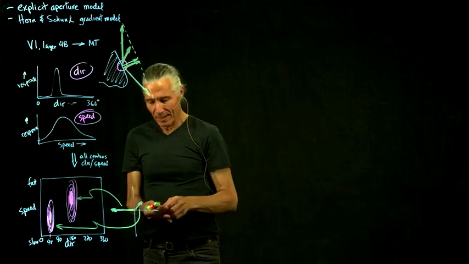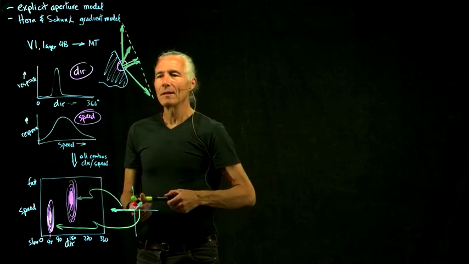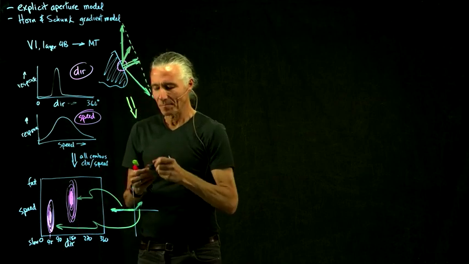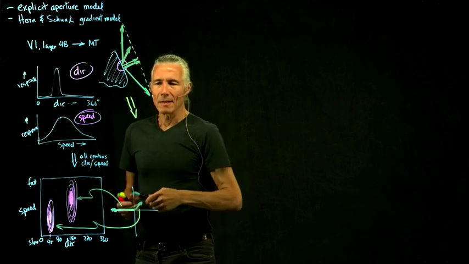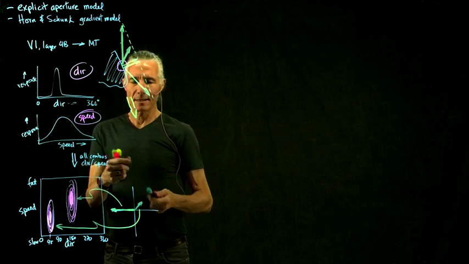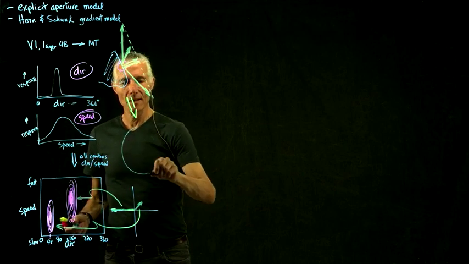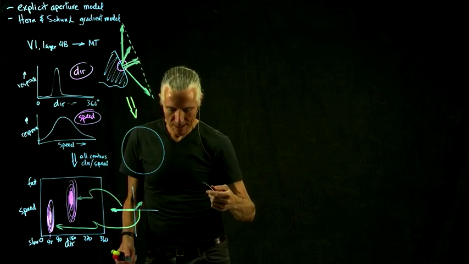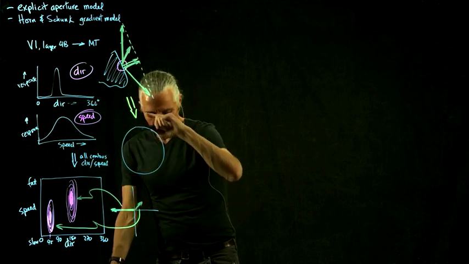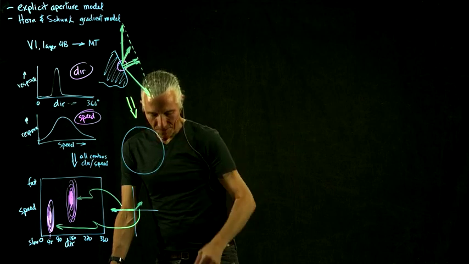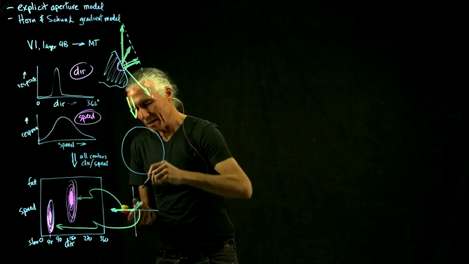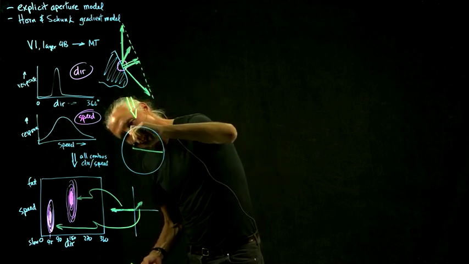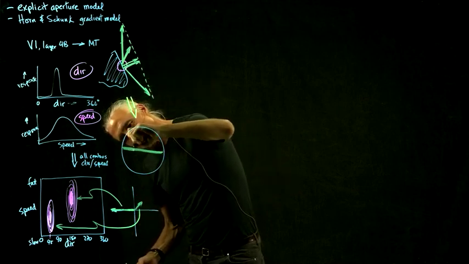And so how did we say that we solved that? If we want to make a detector that detects a particular direction and speed, pattern direction, then let's say we want to detect 180 at a relatively fast speed. So that's a thick arrow.